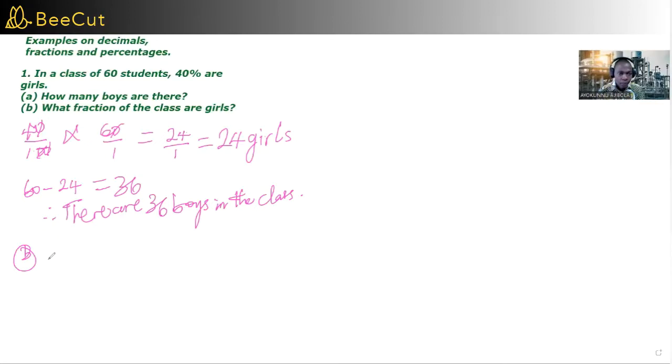In order not to waste our time: fraction, class, girls. So how many girls are there? 24 girls. Very good. So what is the total class population? 60. So that is 24 out of 60, and you're going to cut it down. How many 12s in 24? 2. How many 12s in 60? 5. That is 2 over 5.